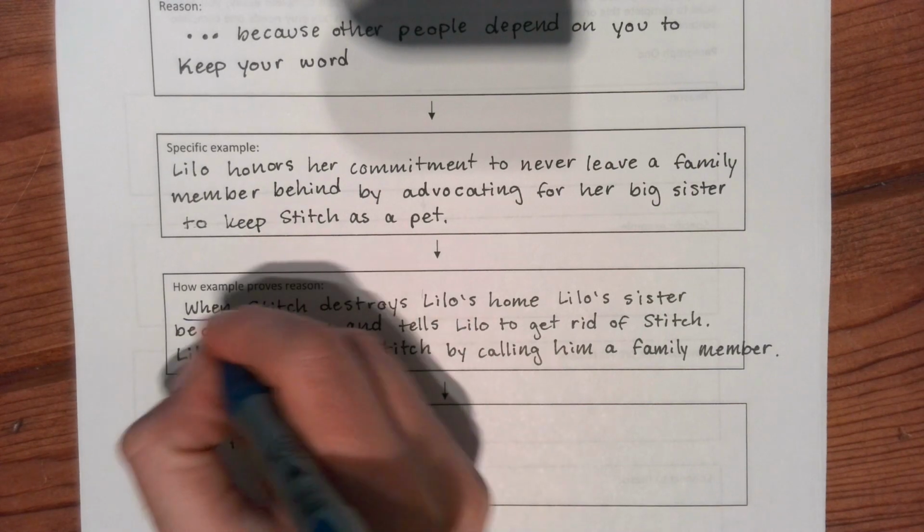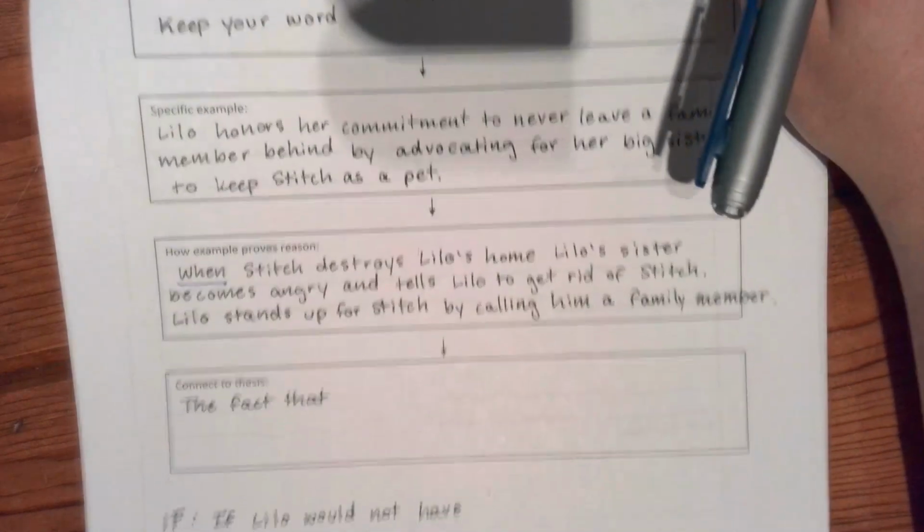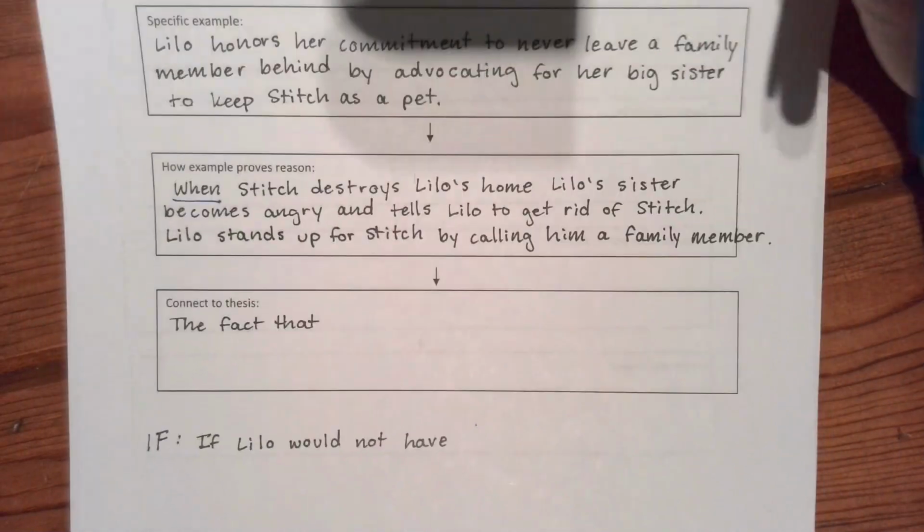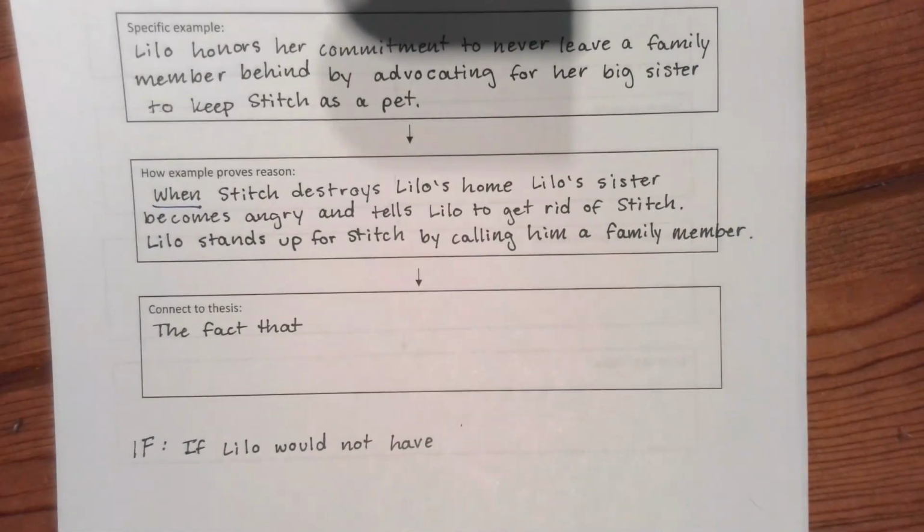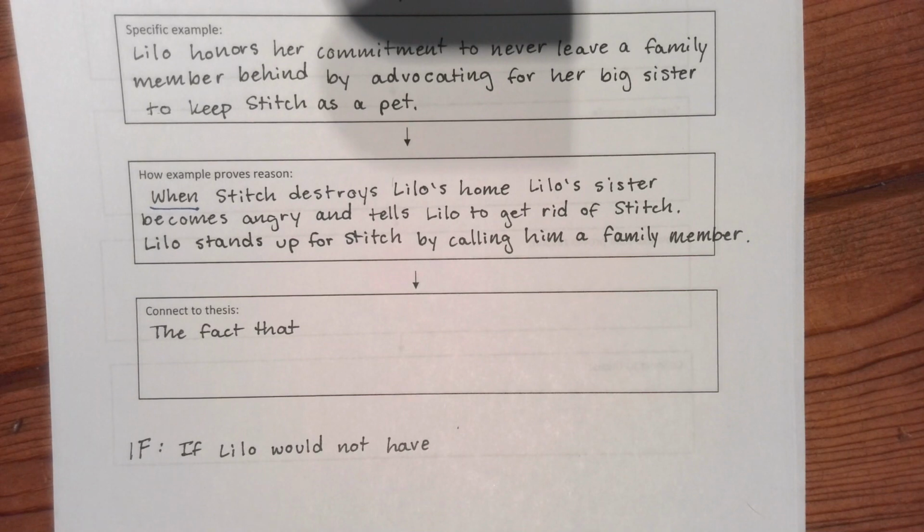Now, again, we start with that word when. So we're getting even more detailed into what is going on in our story. When Stitch destroys Lilo's home, Lilo's sister becomes angry and tells Lilo to get rid of Stitch. Lilo stands up for Stitch by calling him a family member. Now we're starting with the fact that.